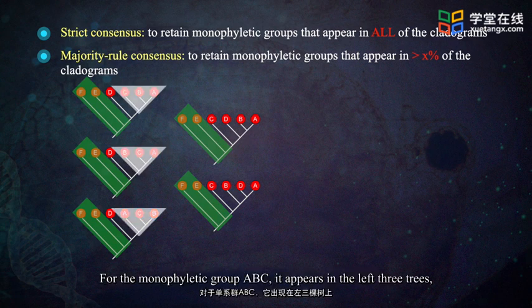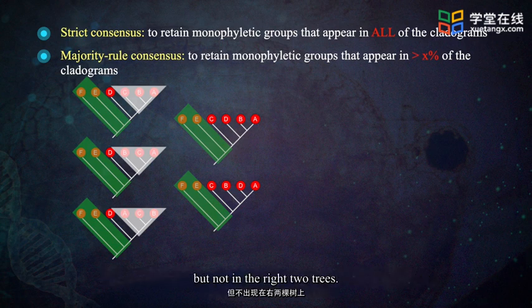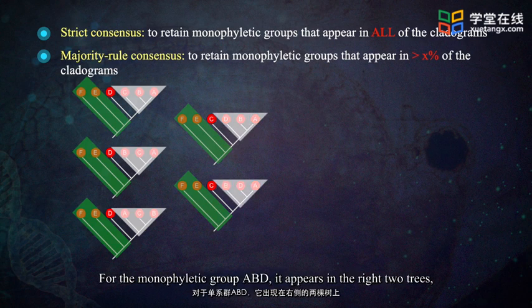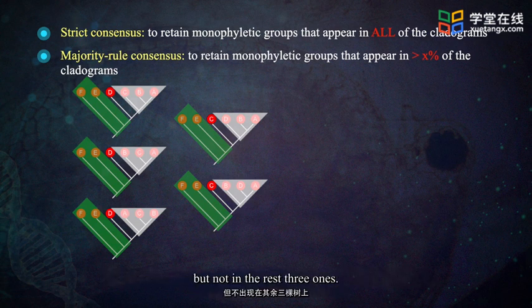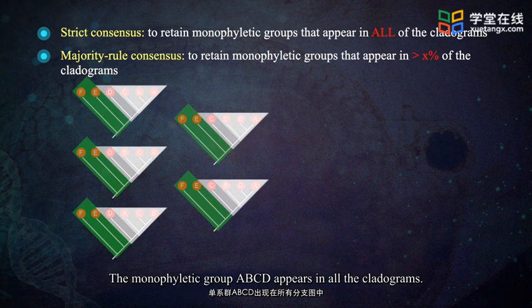For the monophyletic group ABC, it appears in the left 3 trees, but not in the right 2 trees. For the monophyletic group ABD, it appears in the right 2 trees, but not in the rest 3 ones. The monophyletic group ABCD appears in all the cladograms.